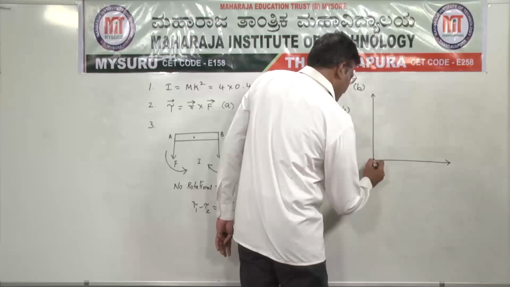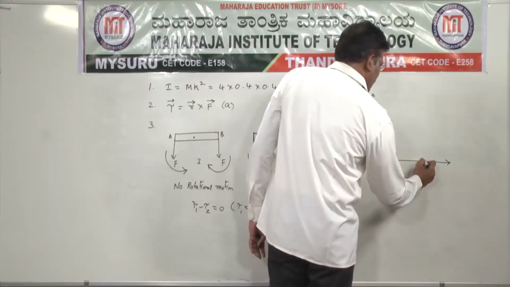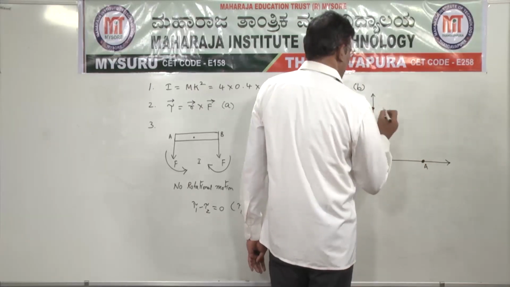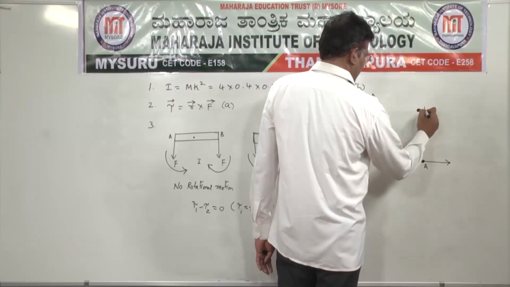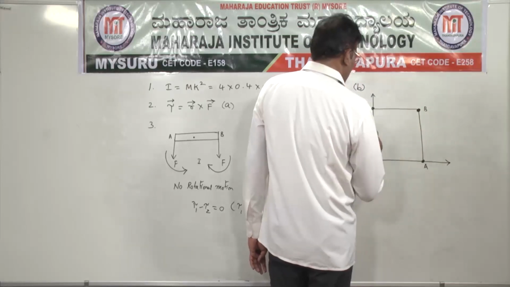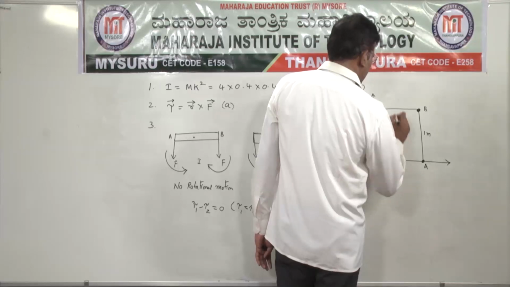As per the question, one particle is at the origin, A is given on the x-axis, C is given on the y-axis, and automatically it is a square. So B we can take in the xy plane. This is a square of each side 1 meter, as given in the question.